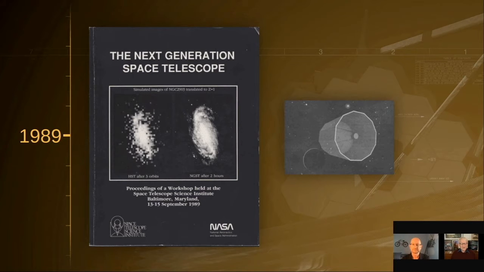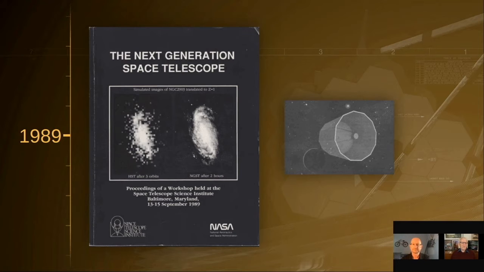But one of the things that we realized very quickly was that we needed to involve the broad community, the scientists who are out there thinking about the future, and the engineering expertise in NASA and in industry in particular.